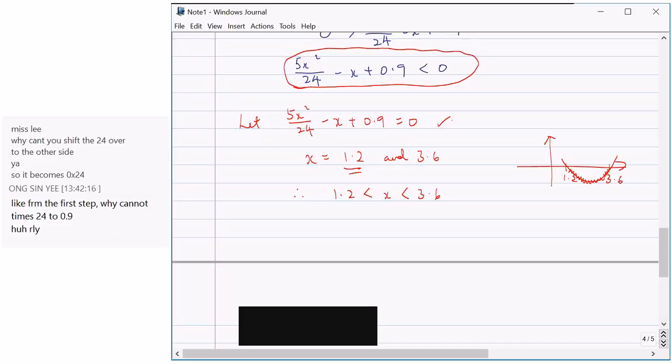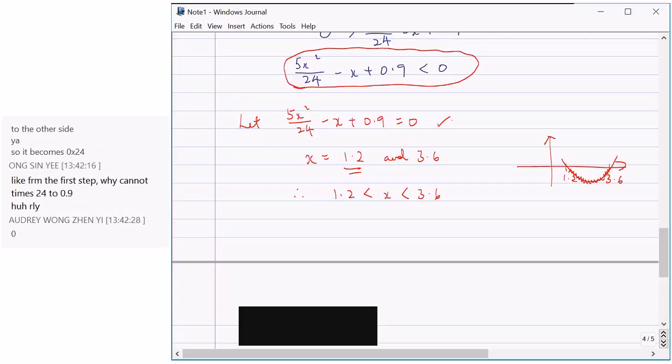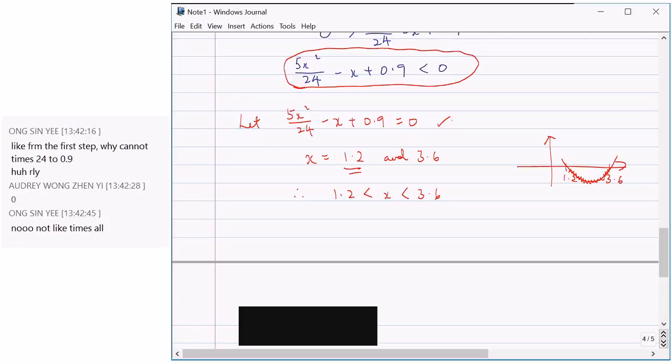Go and press calculator. So in this case, you want to times 24 throughout, also can, but it doesn't help you. You still won't get a nice whole number factor. So might as well just straight away solve it using the formula or calculator without multiplying 24 throughout.